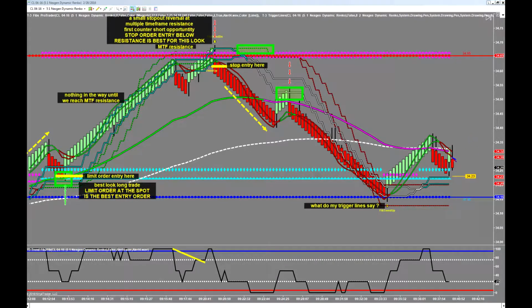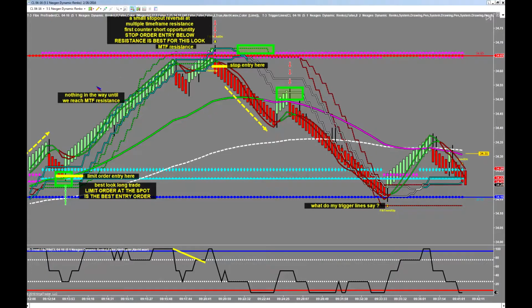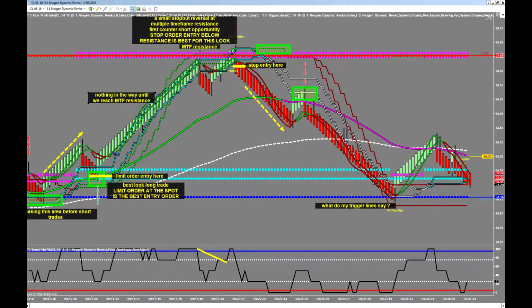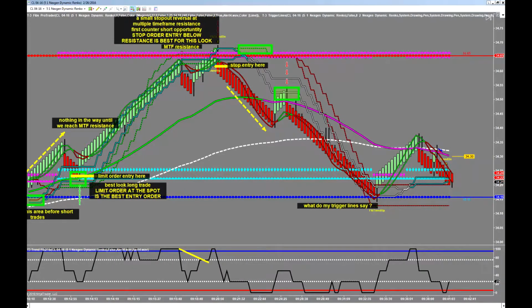So it just has that look like they want to come down here and test this low one more time, and then we'll see what happens. I just want you to really be able to recognize the difference between nothing in the way and really easy, and you've got some trouble in the way.